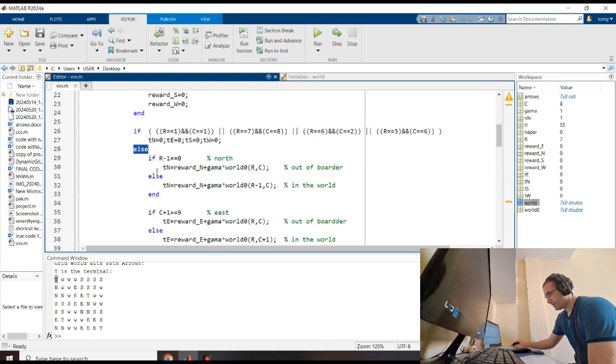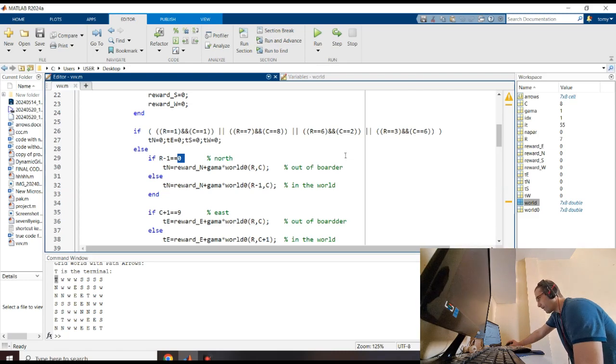Else, if the row minus 1 is equal to 0, it means out of border.